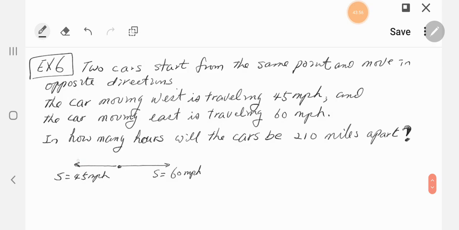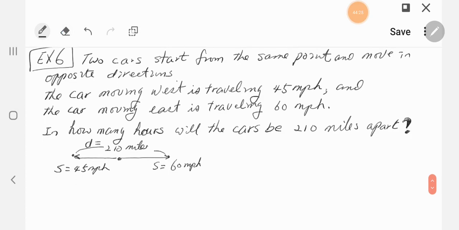So after certain hours, the distance between these 2 cars will be 210 miles. Make sense? So the distance between 2 cars will be 210 miles, and the speed going west is 45 miles per hour. Speed going to the right is 60 miles per hour.